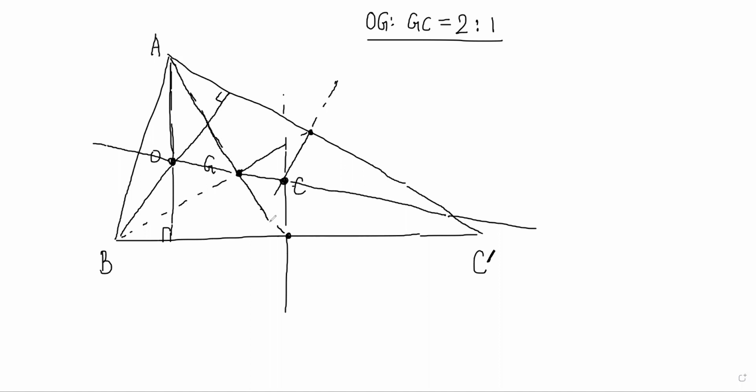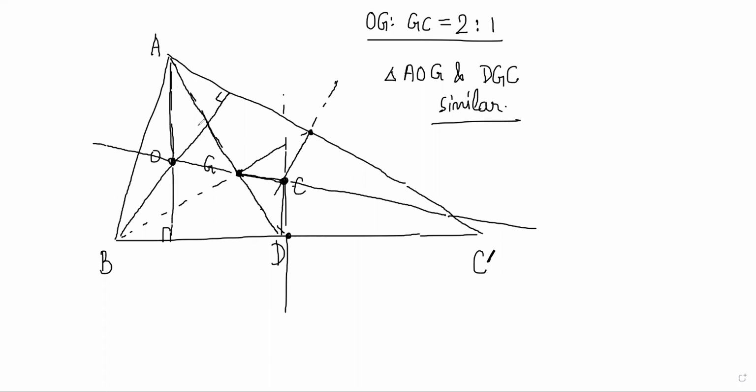And sir, by using midpoint theorem, we can prove by similarity here. Triangle AOG and DGC. You can prove they are similar. And then you will get ratio of 2:1 here. Okay.